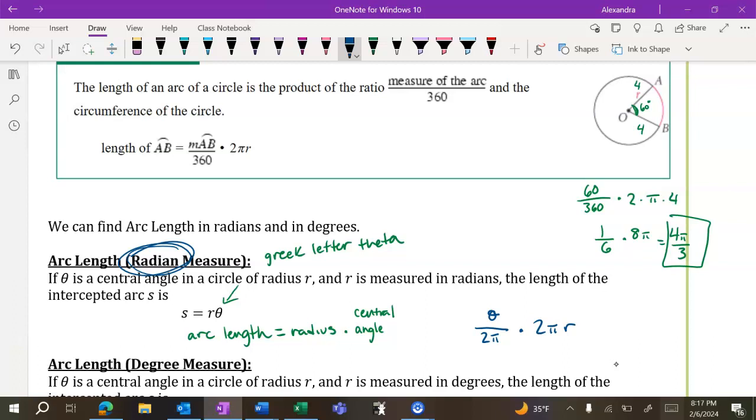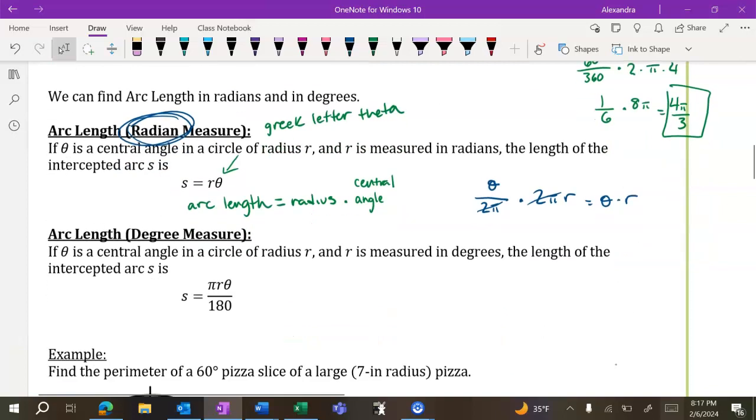Now looking here very clearly, I can see that I can cancel these 2 pi's. And when I do that, I'm left with my angle times my radius. So that's where this equation came from. It basically is a simplified version of this equation right here.